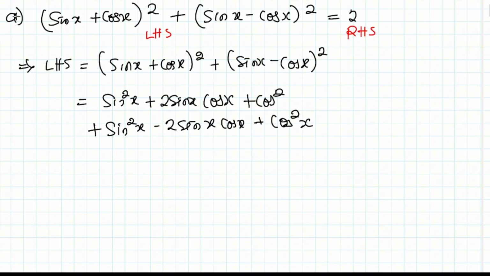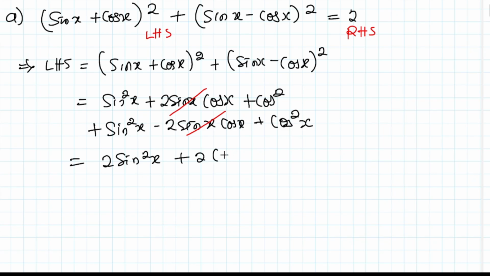You can see if we do this addition, we cancel 2 sin x cos x, and then if we add the remaining together, we have 2 sin squared x plus 2 cos squared x.